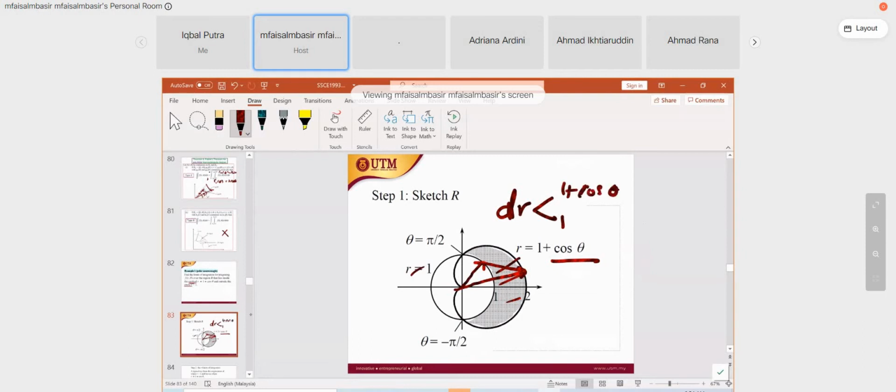How about the angle? The angle starts from here, stops here. Another angle is at the bottom. This is a special case. So your angle is negative pi over 2 to pi over 2.